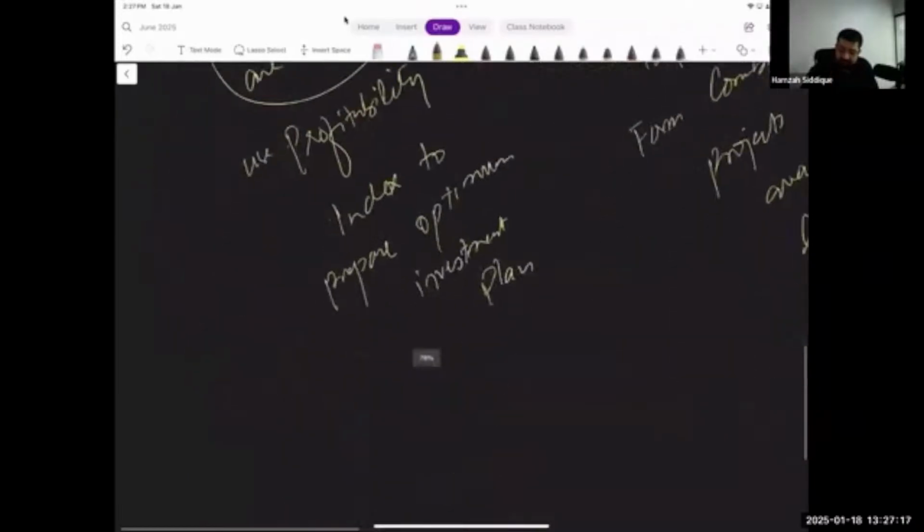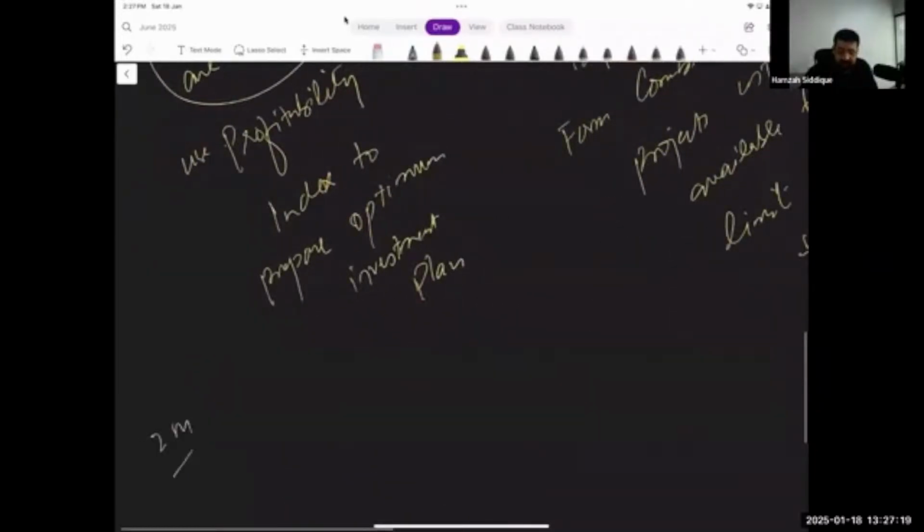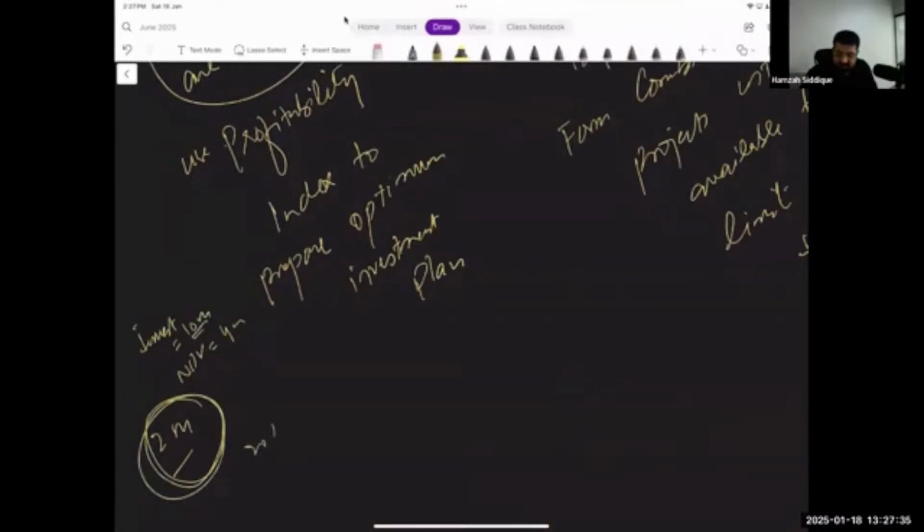For example, I have 2 million and the project's total investment is 10 million and NPV is 4 million. I have only 2 million, so can I invest in 20% of the project or not? If I can, it means it is a divisible project.